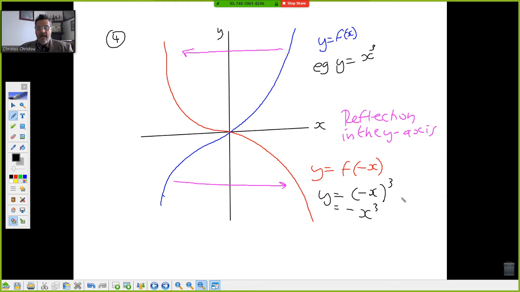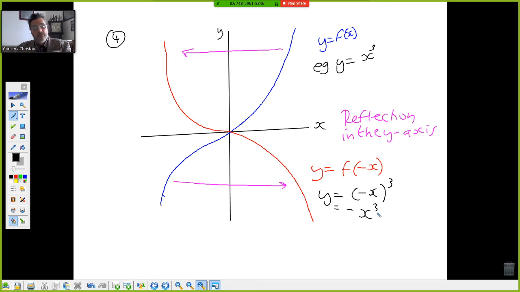All right? And you will end up with minus x cubed, because minus x times minus x is plus x squared, then multiplied by minus x again. So I go plus and minus is minus x cubed. Not surprising. And again, when we did the sheets from before on cubic graphs, you plotted a few negative ones.